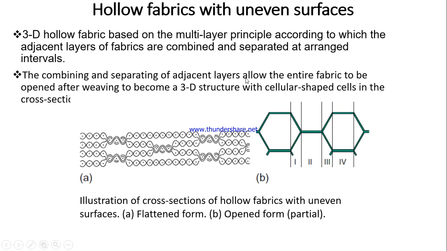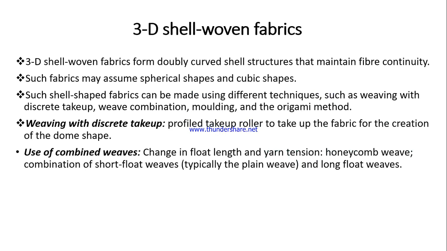The combining and separating of adjacent layers allows the entire fabric to be opened after weaving to become a 3D structure with cellular shaped cells in the cross-sectional direction. So if this type of structure is created, then when opened it will produce a cellular-like structure like this, as shown in figure B. The illustration of the cross section of hollow fabric with uneven surface shows the flattened form and the open form in a shell-like structure. So hollow fabric with uneven surface will produce cells, like shown here in this figure.